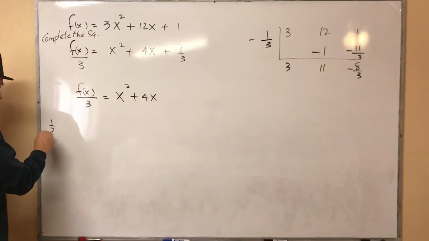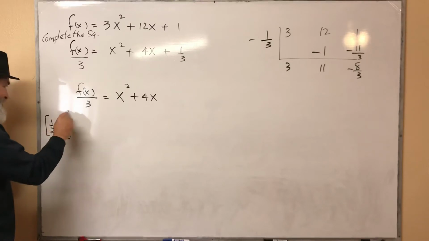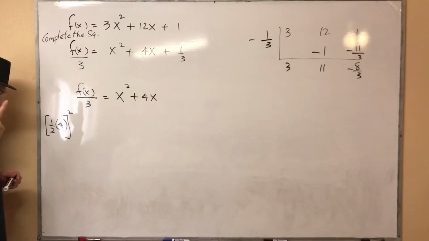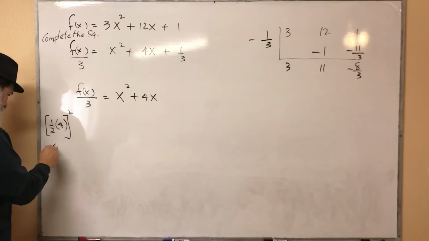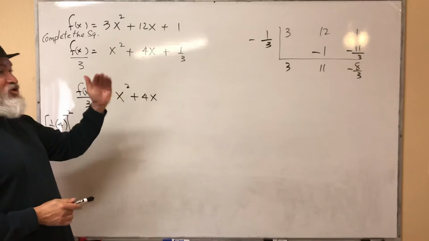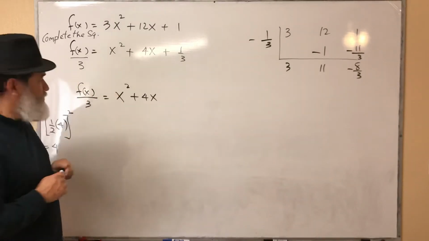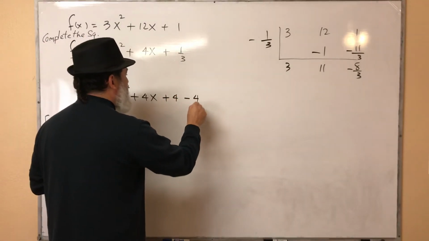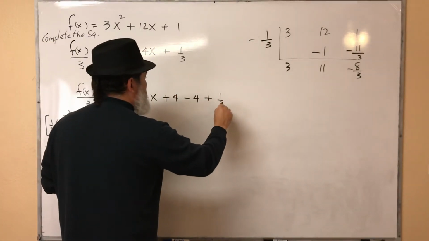So half of 4 squared. What's half of 4? 2. What's 2 squared? 4. So I'm going to add 4 and subtract 4, just to make sure that we still have the same function, and then plus 1/3.